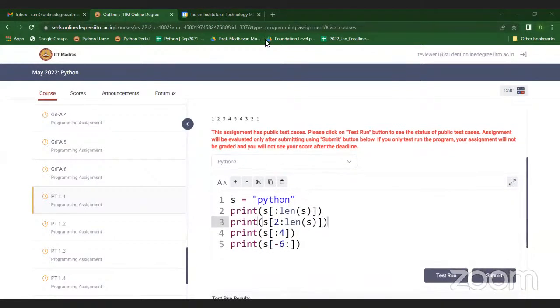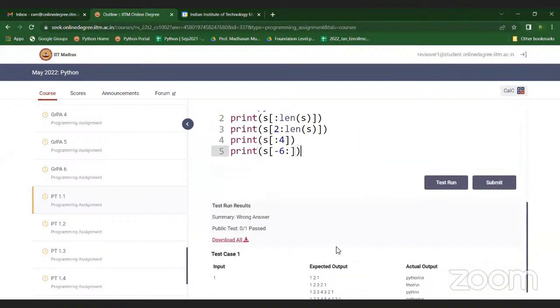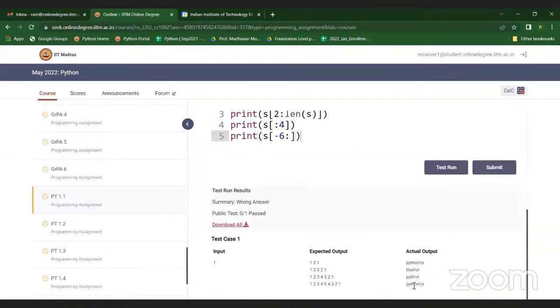No, sir. My question is, if we want to print all the letters, we give 0 to 7 so that it prints until n, right? But here you are giving -6, and it prints until n too.